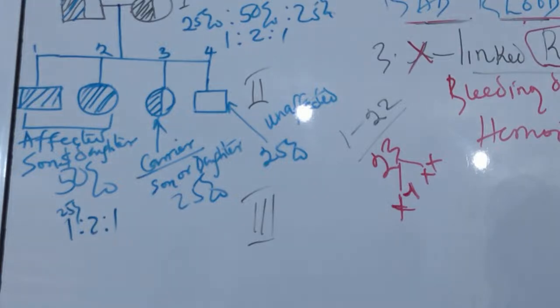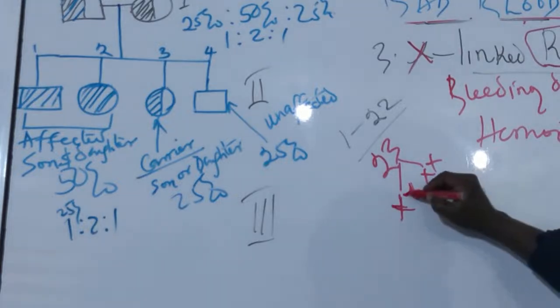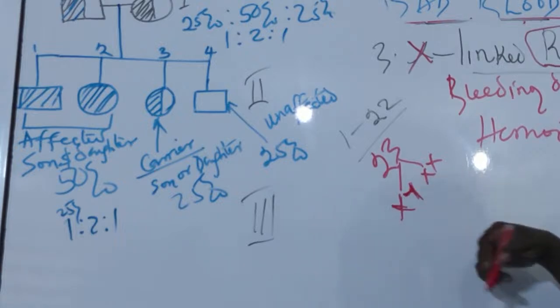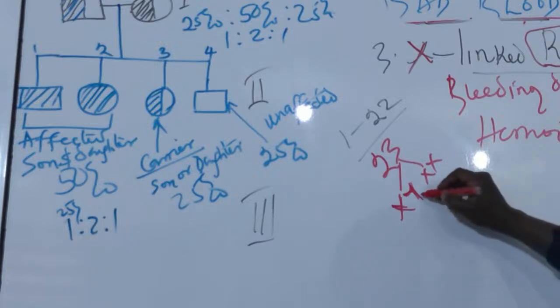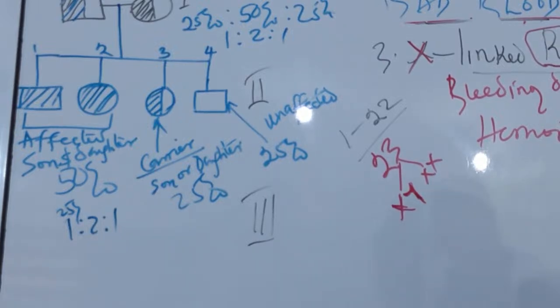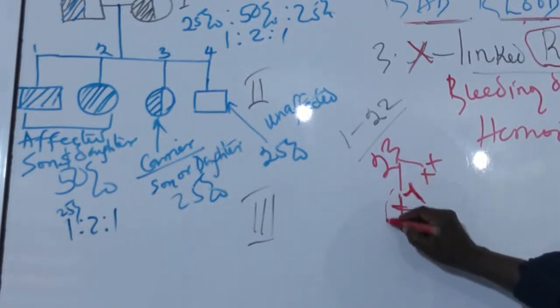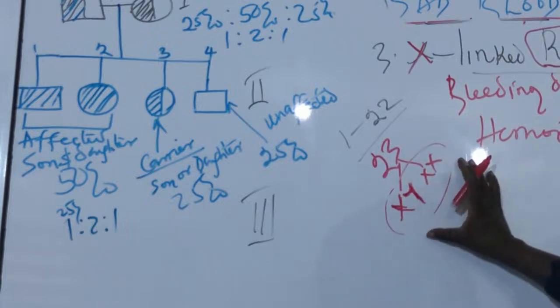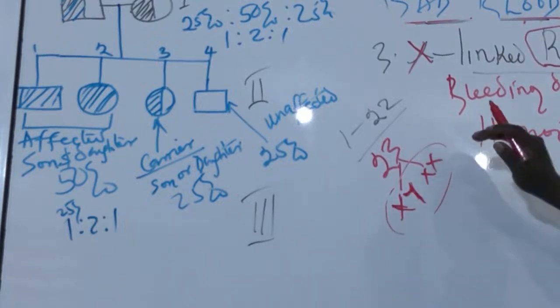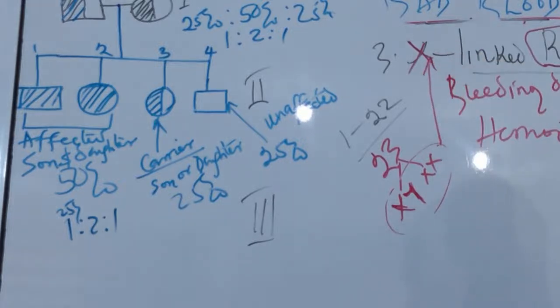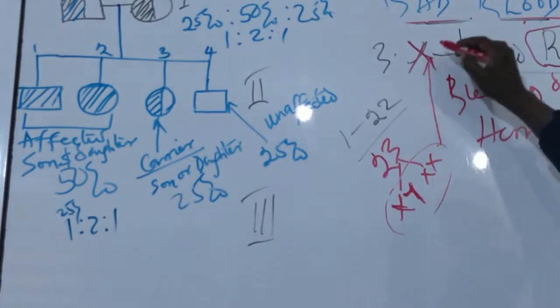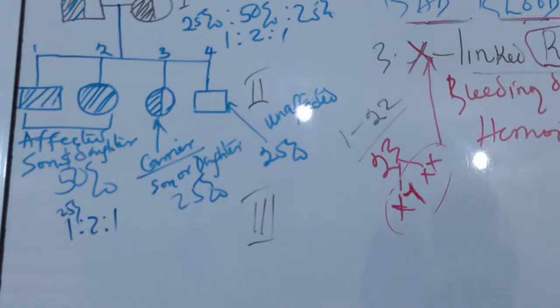There is a particular genetic term that they normally use for chromosome Y, because it does not carry any gene at all. So if there is any deficiency in sex chromosome, it must be a result of deficiency in X. That's why they call it X-linked recessive inheritance, because Y does not carry any gene.